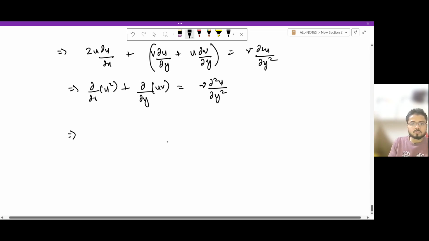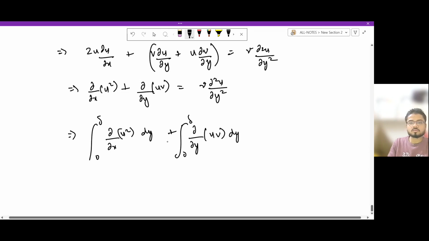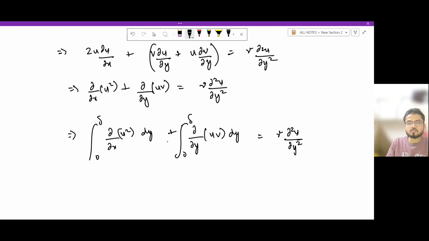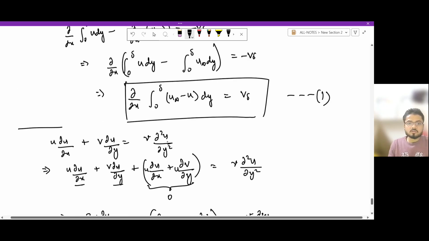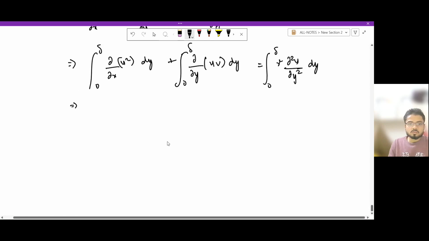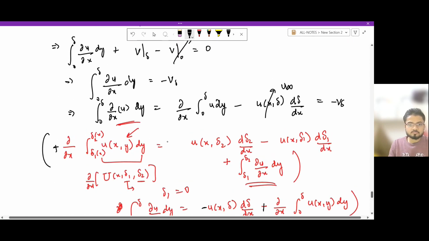What we do is we integrate everything with respect to dy from 0 to delta. Del over del y of uv dy from 0 to delta would be equal to nu del 2u over del y squared dy, again from 0 to delta. So this becomes, using the Leibniz rule, something like this.